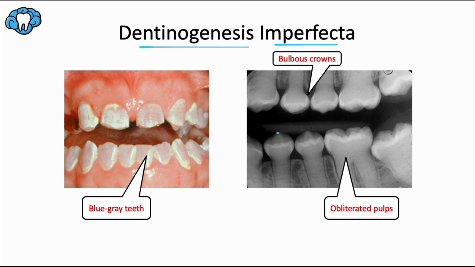And radiographically, you often see short roots, bell-shaped bulbous crowns due to a constriction at the cemento-enamel junction, and obliterated pulps where you can't even see them on the x-ray. Primary teeth tend to get affected more severely than permanent teeth.